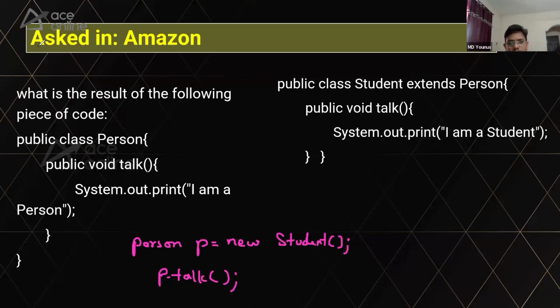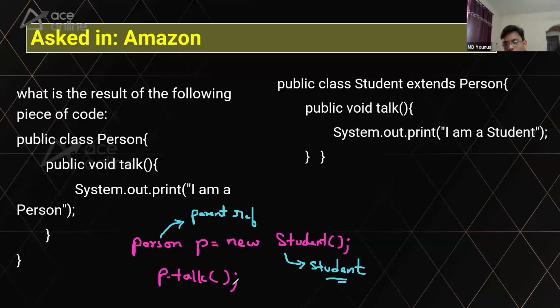Okay, so here, as I told you, we are making a student object, but person reference. Parent reference, but student object.